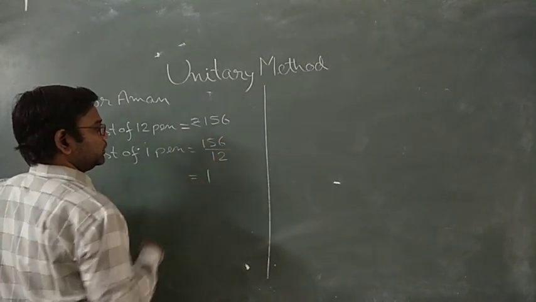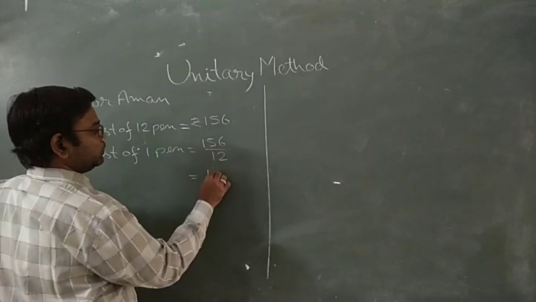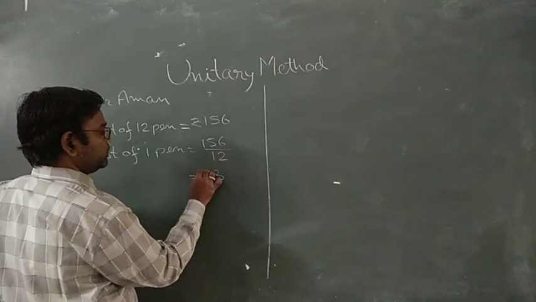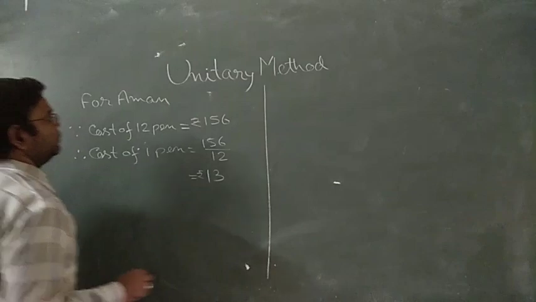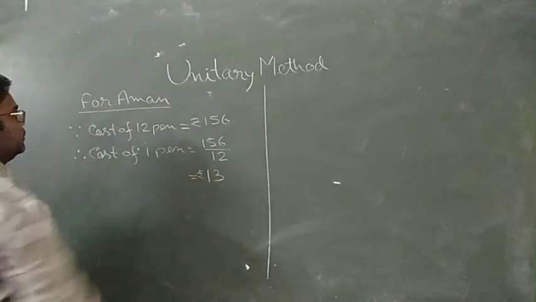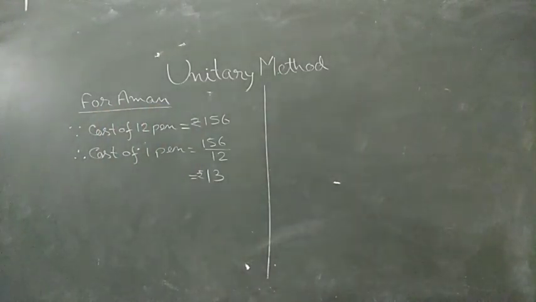It's 12 1s are 12, 12 3s are 36, rupees 13. Then this is for Aman. Let me check. Then the question asked, Pius.